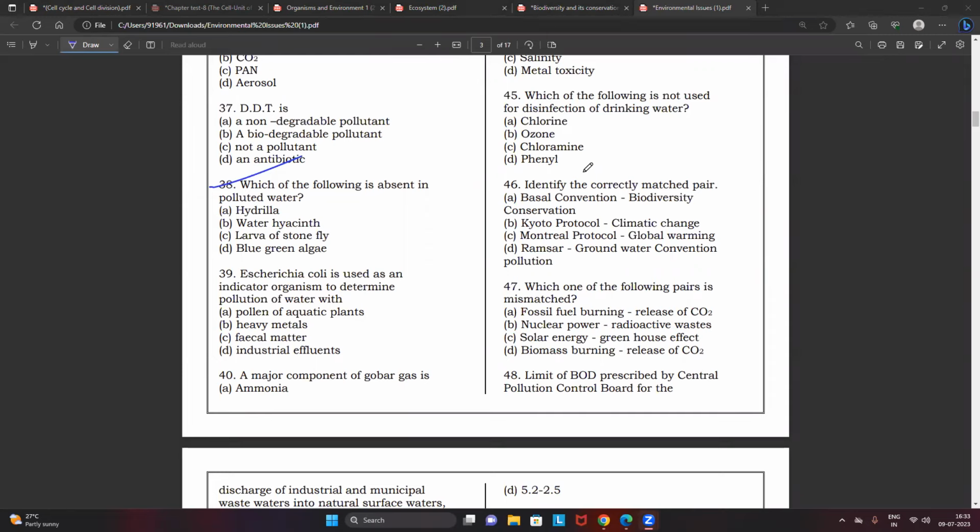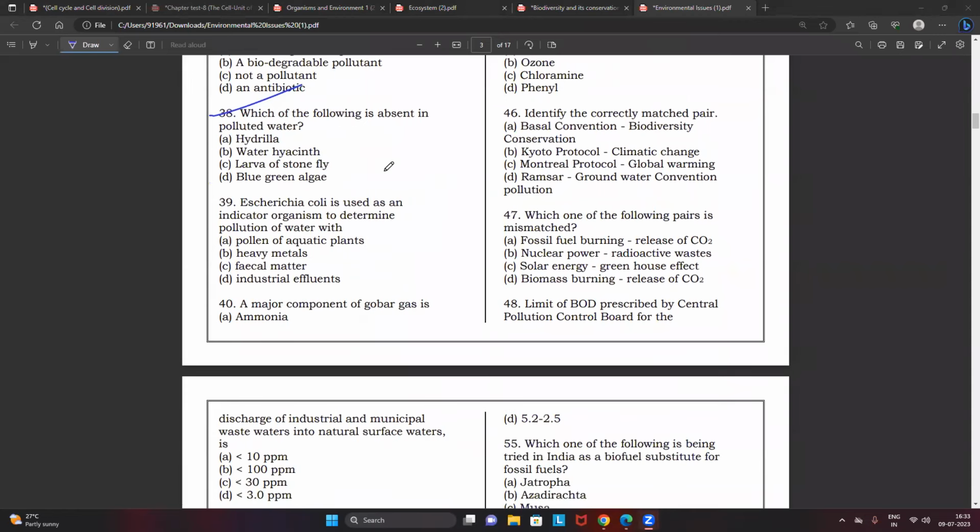Undoubtedly, it is Hydrilla, right? We all know Hydrilla, Vallisneria, Nelumbo, Potamogeton. What are all these? These are, friends, what we generally call freshwater plants. No need to get confused. The answer will be A.